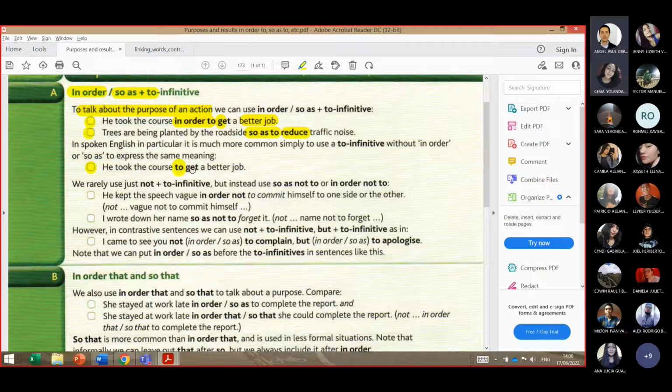Entonces, lo que dice aquí es bien común, ¿sí? Simplemente utilizar el infinitive con el to, sin poner in order to o so as to, ¿ok? Es más común simplemente utilizar el to con el infinitive. He took the course to get a better job. O podemos decir, he took the course in order to get a better job. Or you can say, he took the course so as to get a better job. Okay?